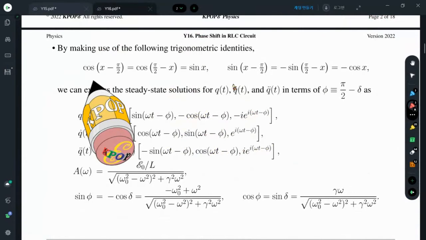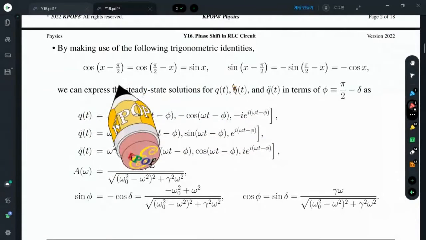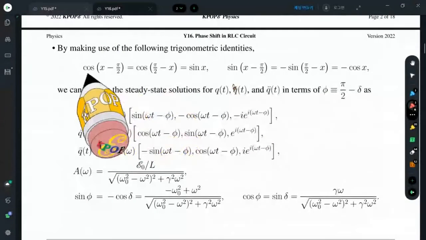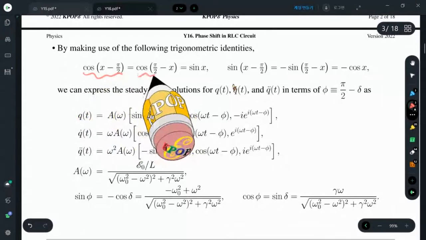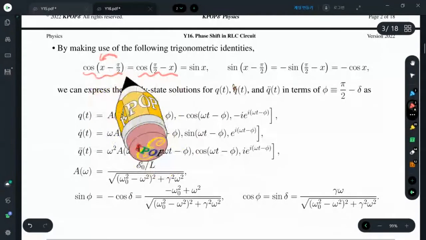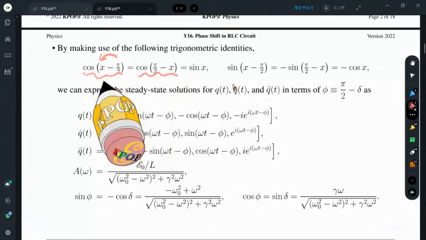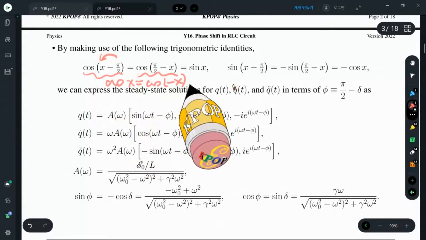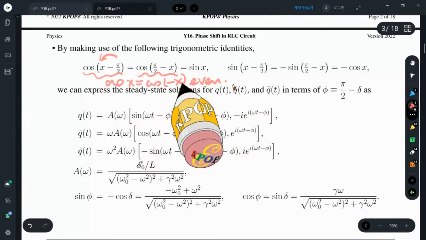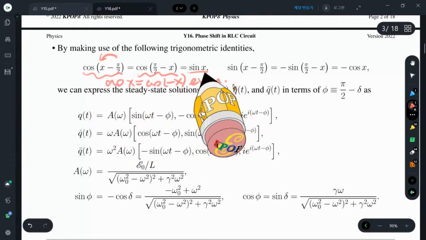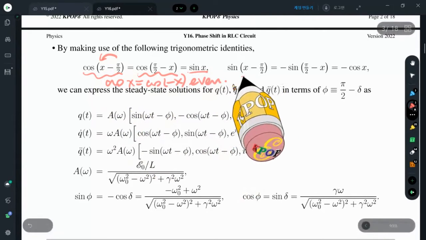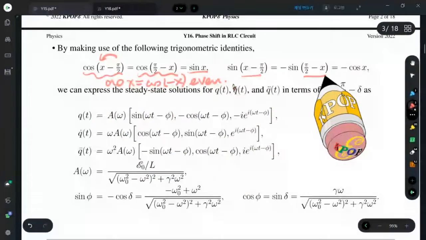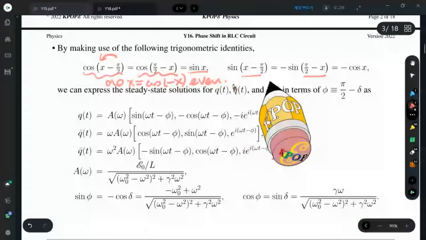So we return to high school. Cosine of x minus half a pi. Cosine is an even function. I can exchange this order: cosine x equals cosine minus x, even function. And this is sine. And sine is an odd function.